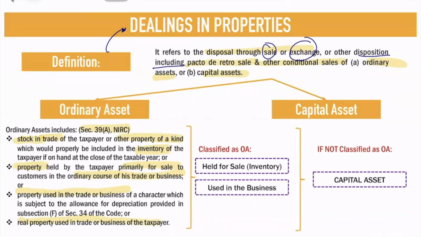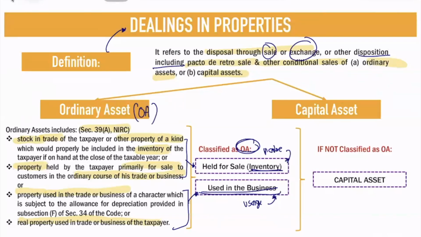Therefore, if you look at this, the first two are held for sale or inventory. The second two are used in the business, which explains why we classify the asset according to nature. What's the nature? If it is inventory. Another, according to usage: if it is used in the business, it is classified as an ordinary asset.